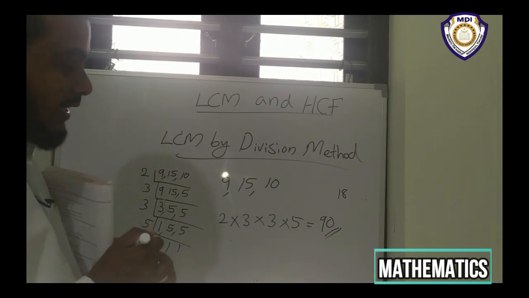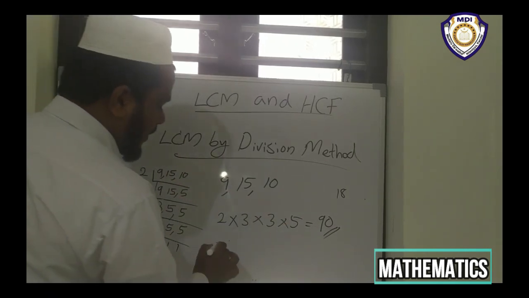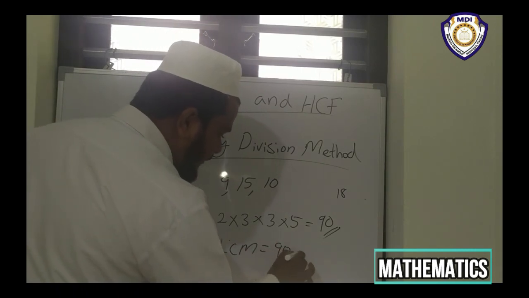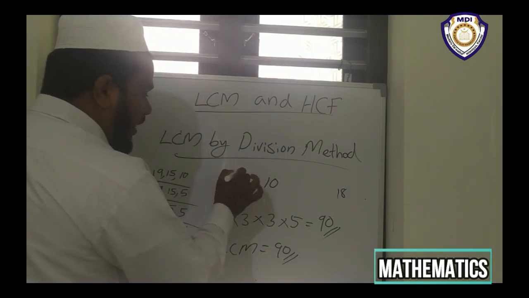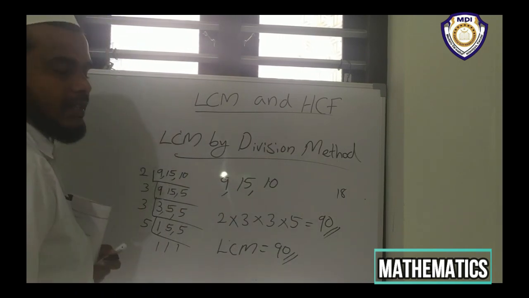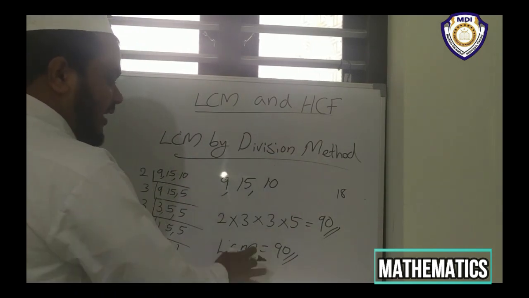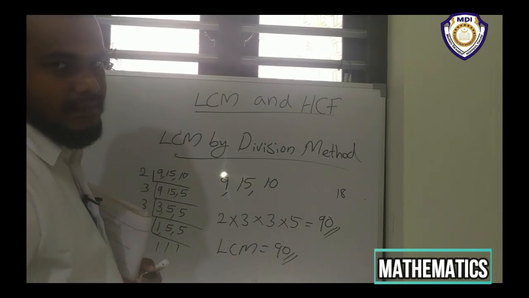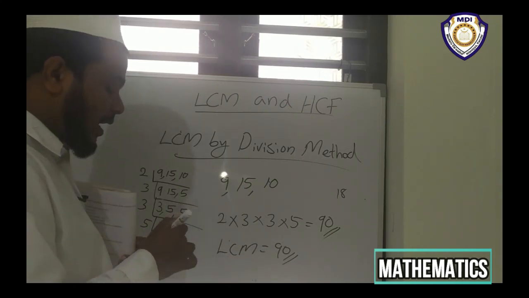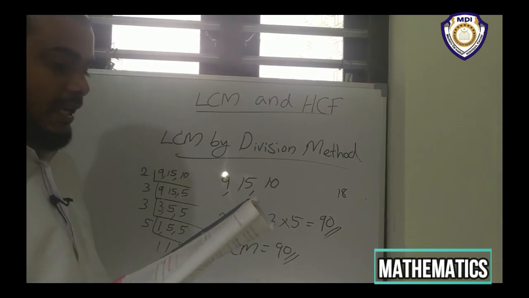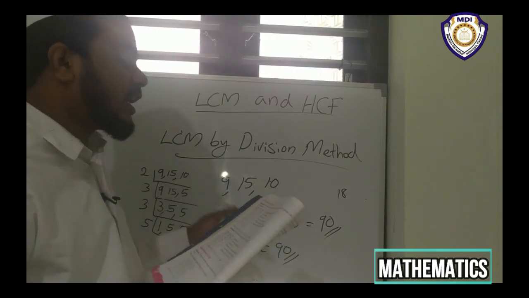The answer is 90. So the LCM of 9, 15, 10 is 90. What is 90? The least common multiple. That is the division method.